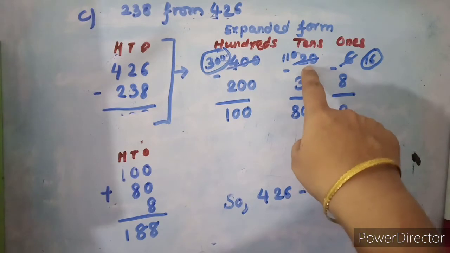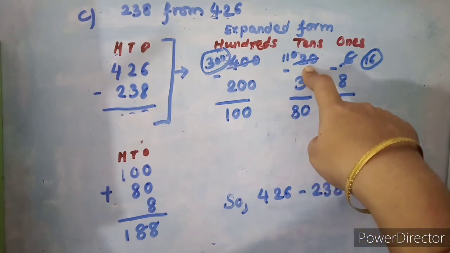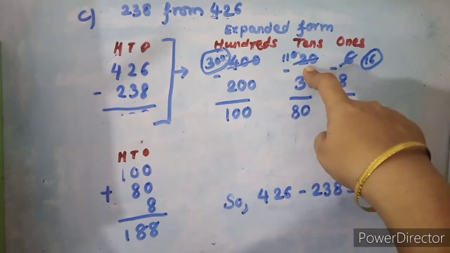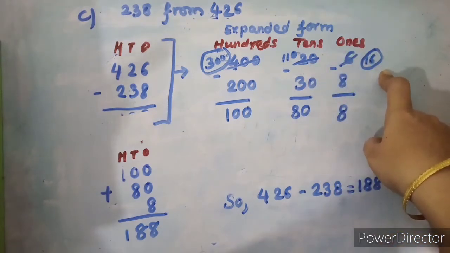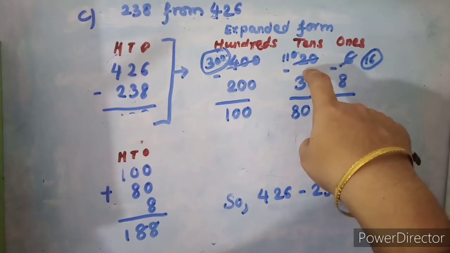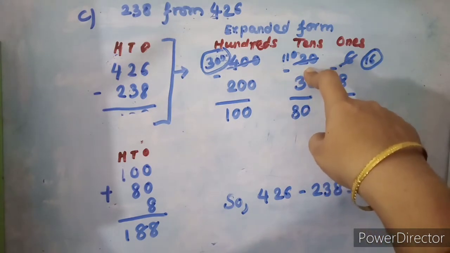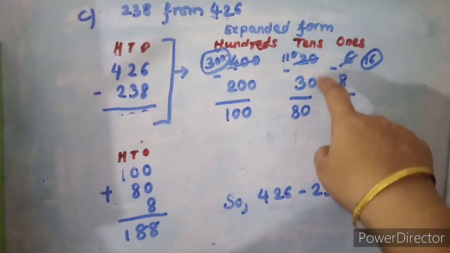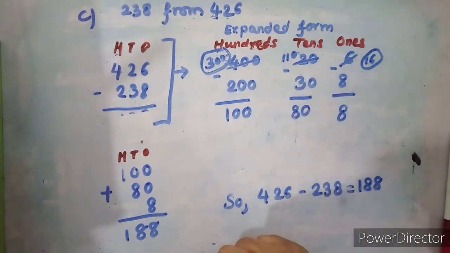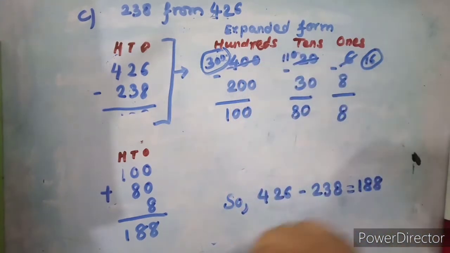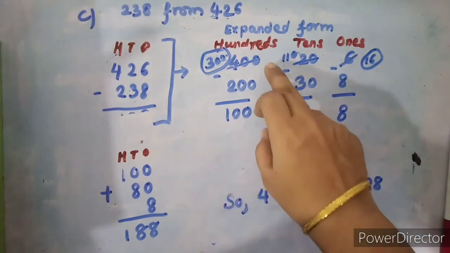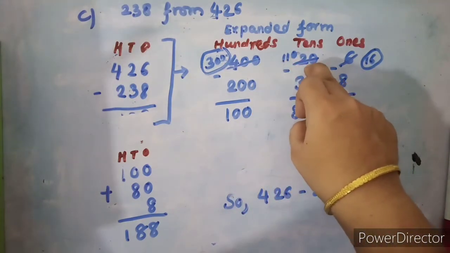Then again you have here 10. Okay, you have 10 here because from 20 you have already borrowed 10 this side. So the remaining is 10. Again, 30 cannot be subtracted from 10. That is why you need to take 100 from your hundreds position, and then you have here 110.